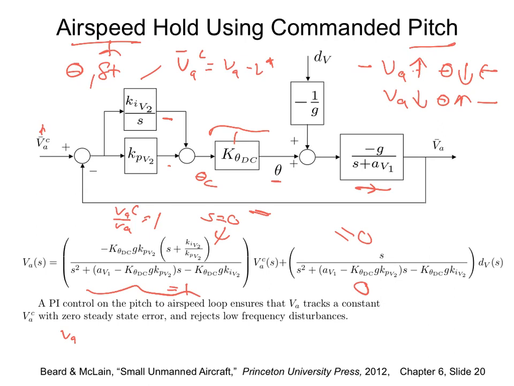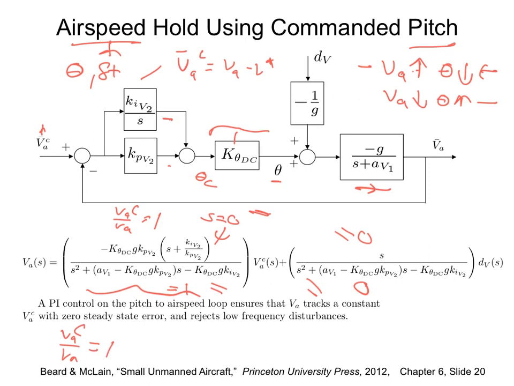Okay, so the closed loop transfer function is this. At s equals 0, the DC gain is 0 for this. So that means the disturbance is rejected at low frequency, and VA commanded to VA equals 1 at s equals 0.